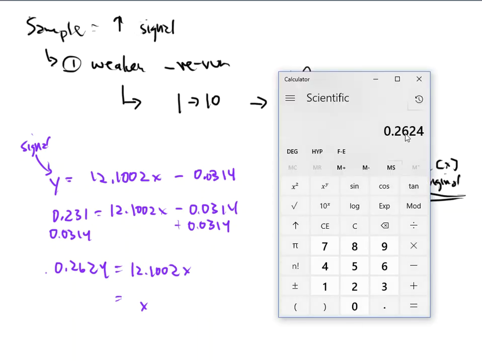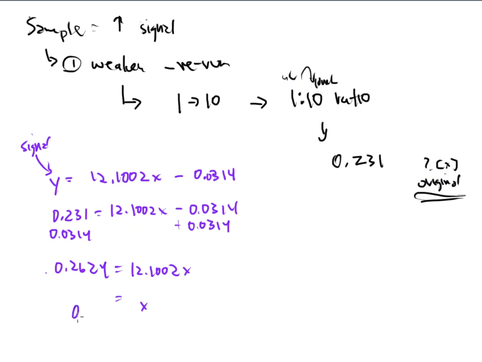So 0.2624 divided by 12.1002 equals 0.0217. I'm going to round it off, right? So 0.0217. Now, I've got to understand that this is the concentration of the diluted sample.